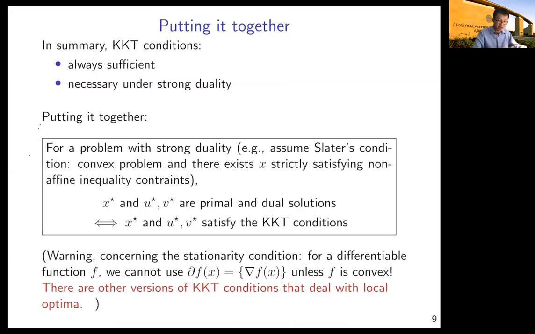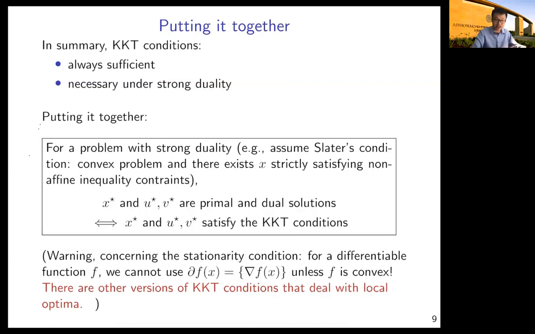You might have seen other versions of the KKT condition, even though they have the same name, that use gradient rather than the subgradient, and those versions might have a different kind of conclusion in terms of sufficiency and necessity of certifying optimality. So just keep that in mind, because this version of the KKT condition deals with a global optimal solution. It doesn't really worry about local optimal solutions or stationary points at all.